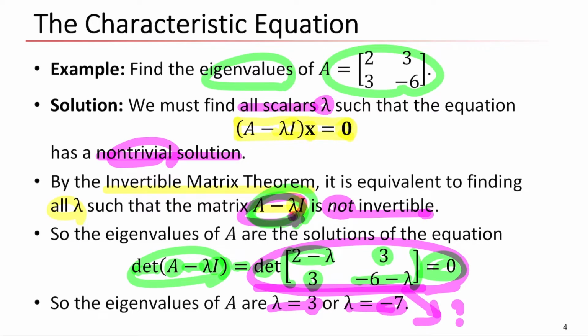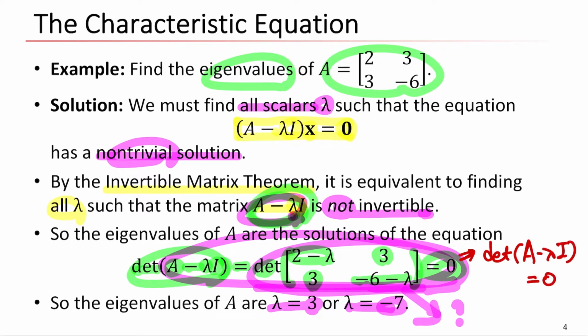So to find the eigenvalues of some arbitrary matrix A, we need to find the solution of the equation determinant of A minus lambda I equals 0. Let's think about how we can do that.